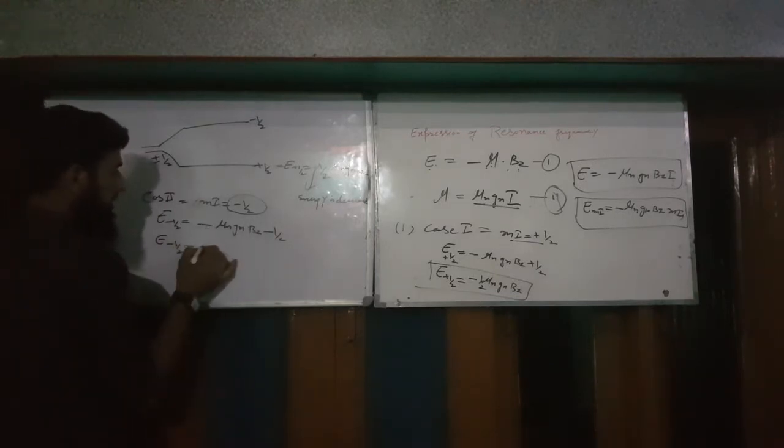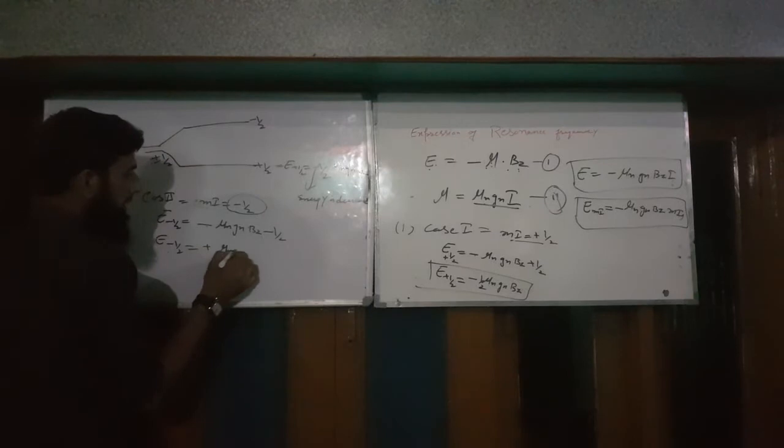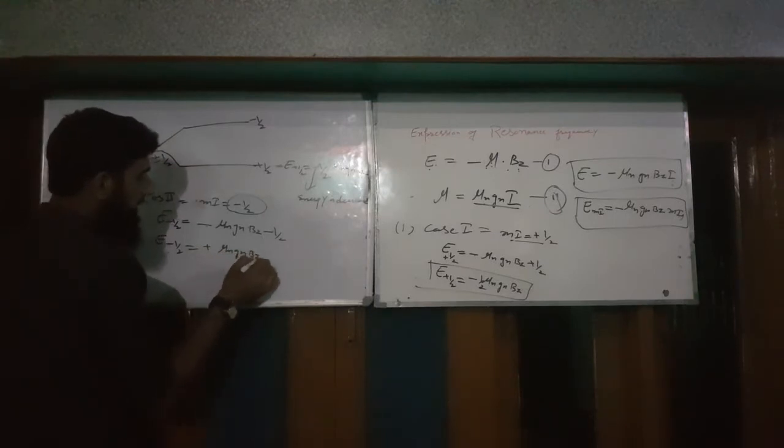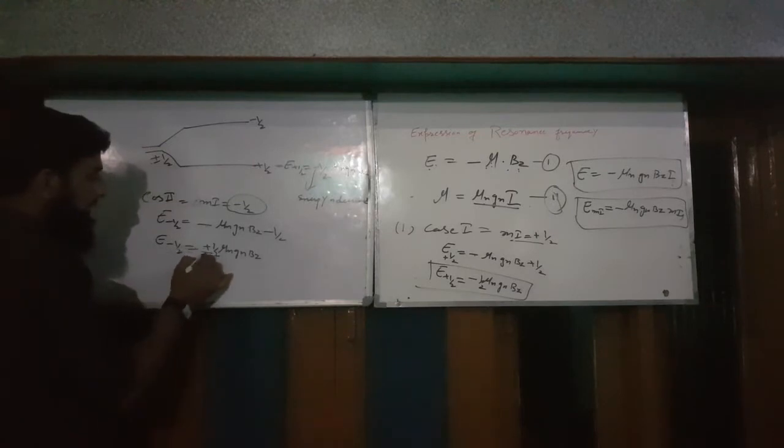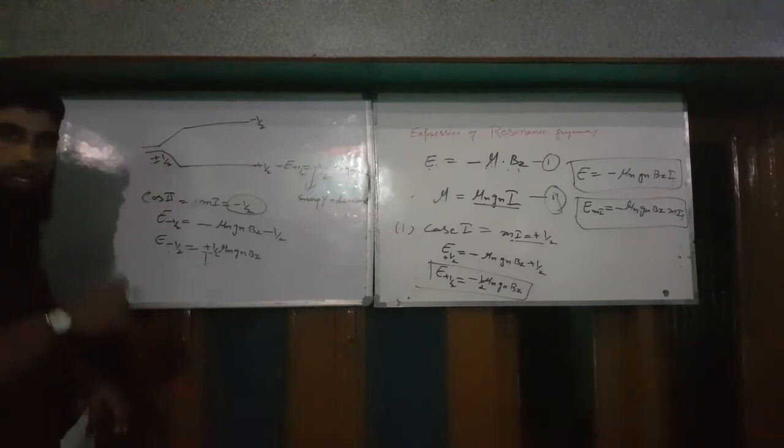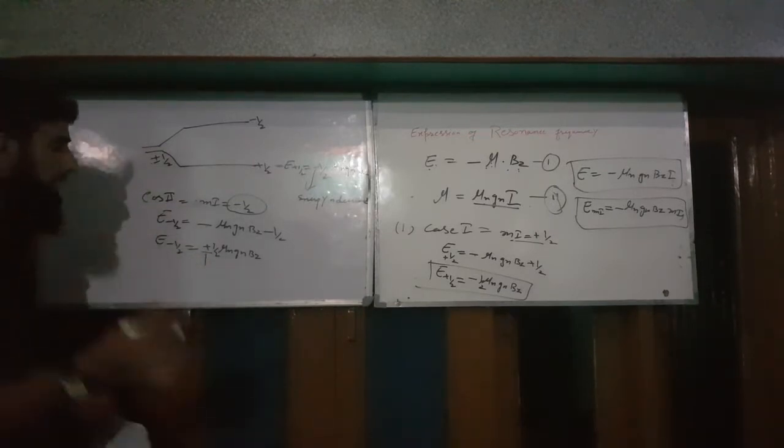Minus and minus is equal to plus, so E is plus 1 by 2 mu n gn Bz. Okay, this plus indicates that the energy of the system has increased.